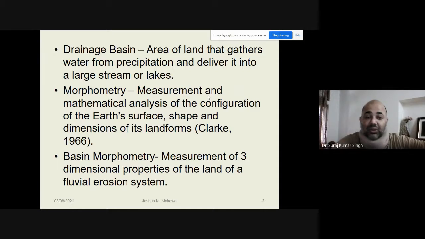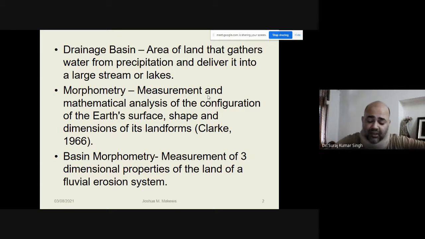Now we know what a drainage basin is. Now you have to know what we mean by morphometry. Morphometry means measurement and mathematical analysis of the configuration of the earth's surface, and the shape and dimension of its landforms. That is the definition given by Clark in 1966.